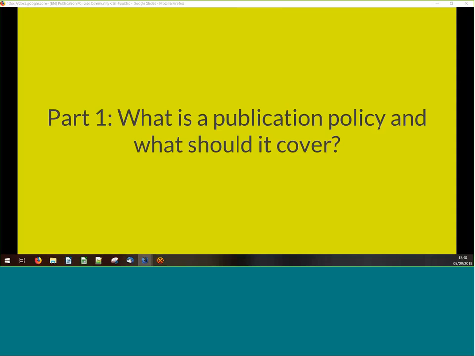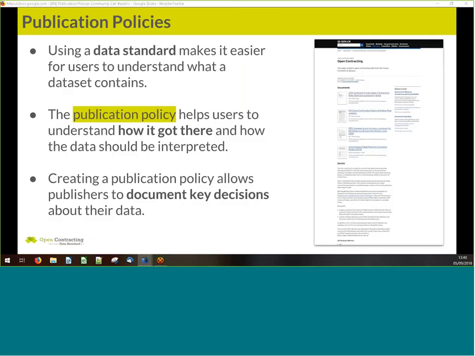So what is a publication policy and what should it cover? So first of all, using a data standard means that users have access to definitions for the fields that are in the data and additional guidance on how those fields are used. So by publishing OCDS data, we're already making it easier for users to understand what the data set contains.